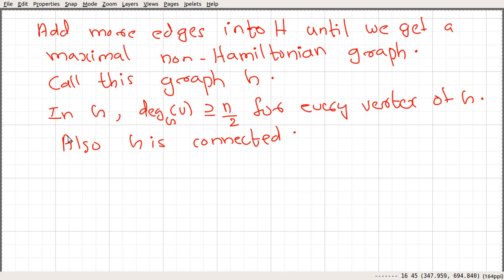Next, we are going to use this G to get a contradiction.